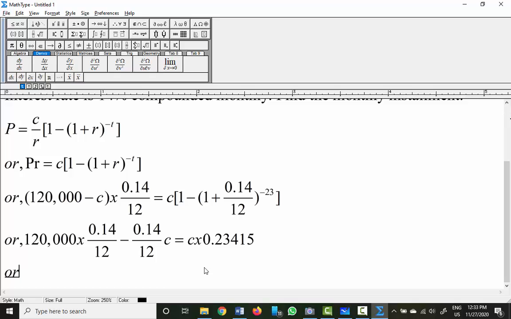Right, so now let us calculate this one first. So 120,000 multiplied by 0.14 divided by 12. If you multiply these, you should get 1200. Sorry, not 1200, 1400. 1400 minus, now let us do this one.